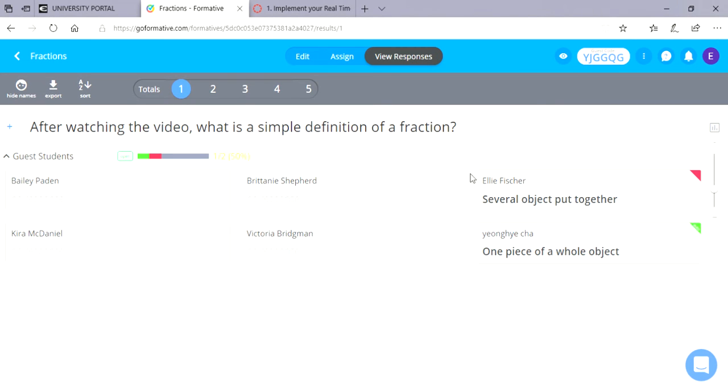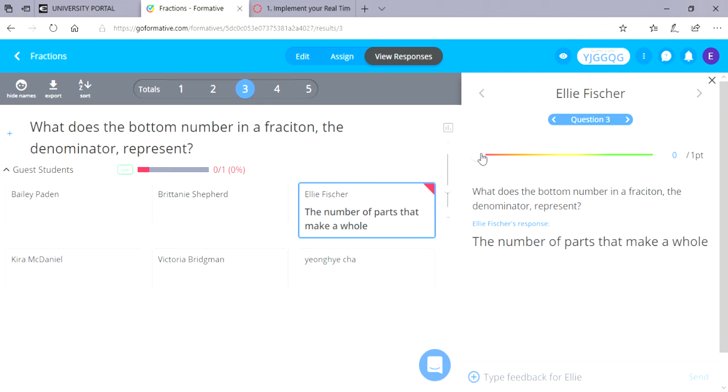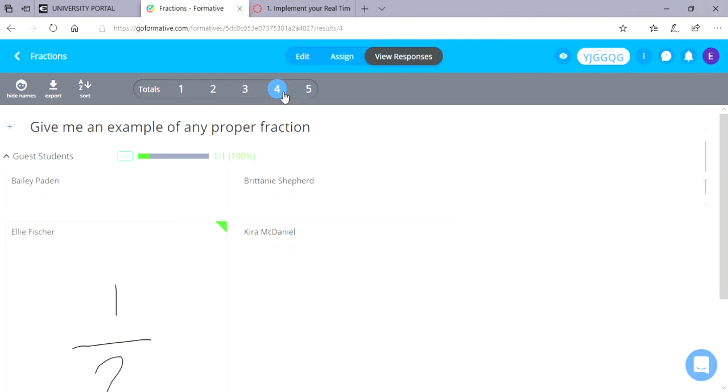So a total number of a part, or where were we, number 3, the number of parts that make a whole. I'd give that maybe 0.8. Give me a little bit of credit for that. Let's go into number 4.